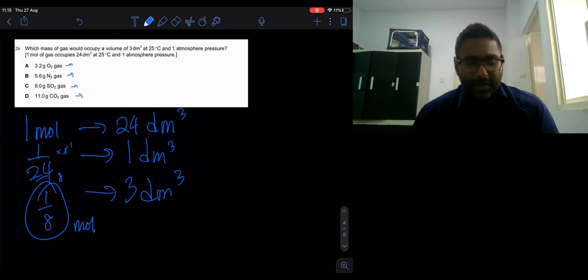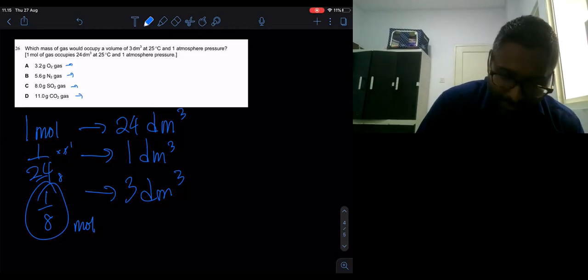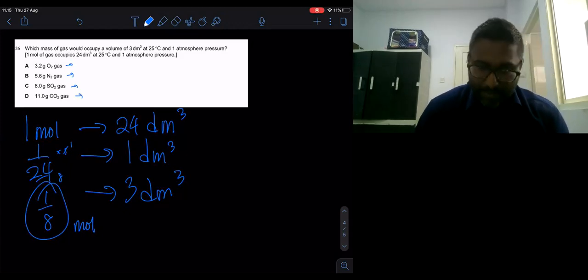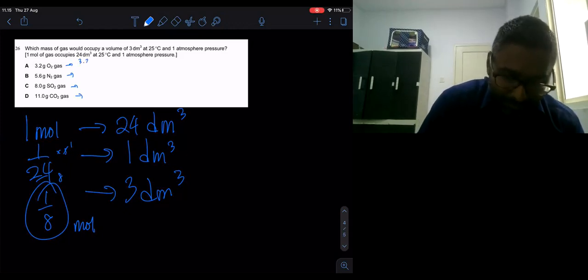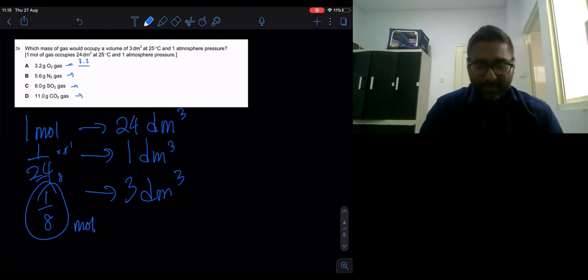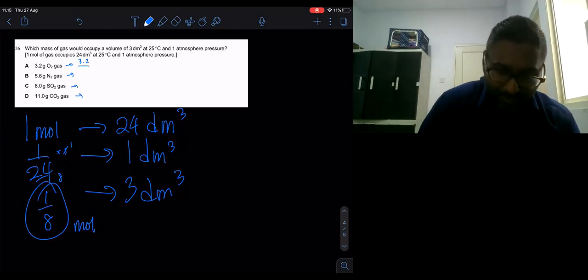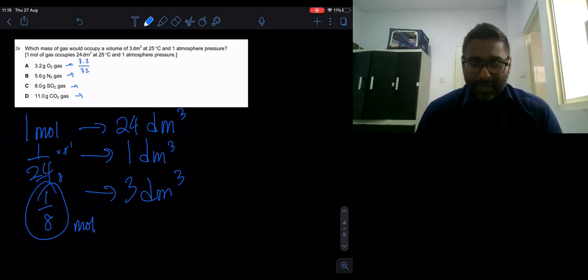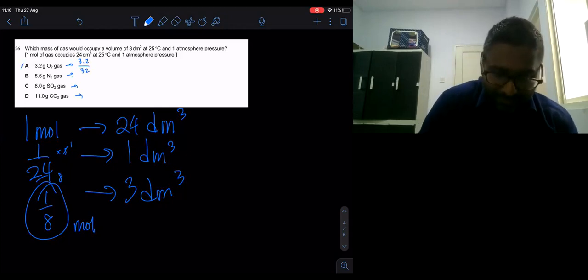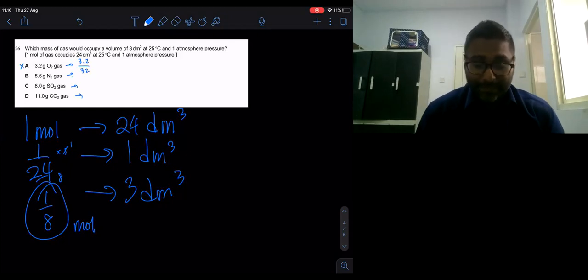If you look over here, 3.2 divided by, this one is 16 plus 16 is going to be 32. So you get about 1, so that will not be the answer. We want 1 over 8 here.